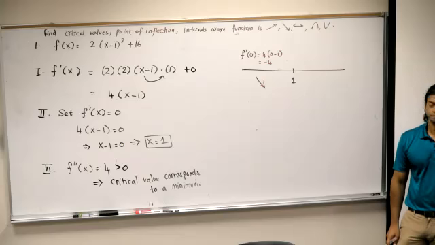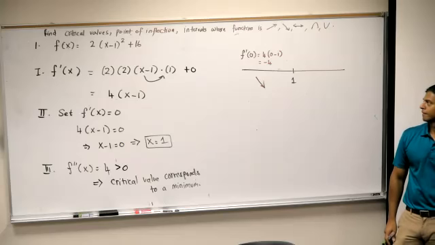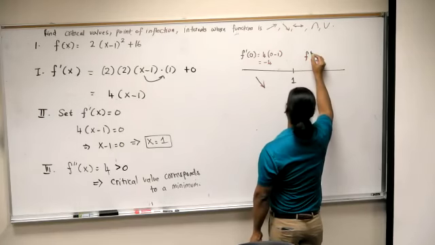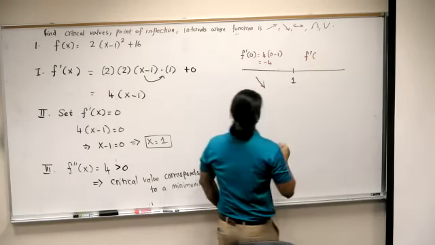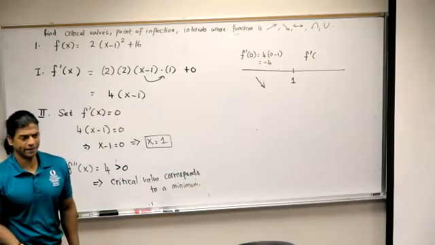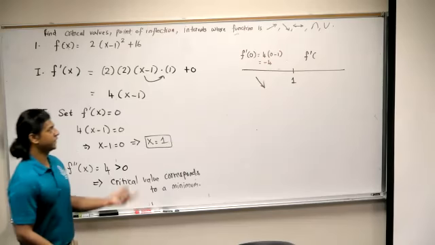Wait, so where exactly did you get? Oh, no, I'm sorry. I thought that was the second derivative for a second. Plug in the test point to the right of the critical value. Pick an easy one. 2.